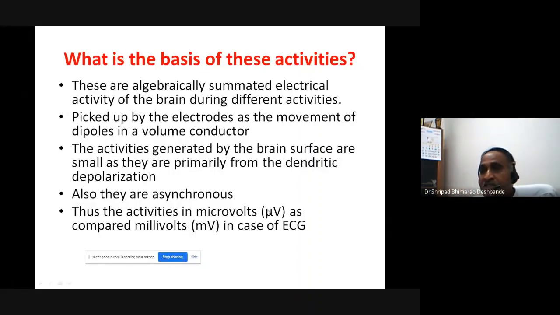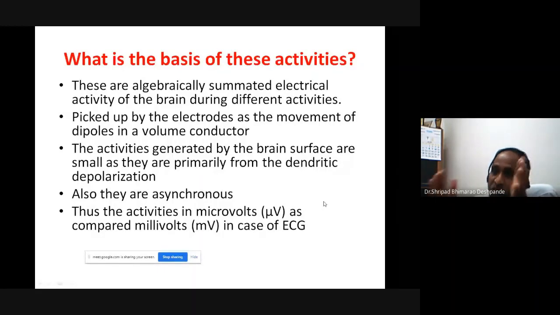These voltages are in microvolts. Microvolts means a thousandth of a millivolt. One millivolt is a thousandth of a volt, and a thousandth of a millivolt is a microvolt. So that means such small dimensions.